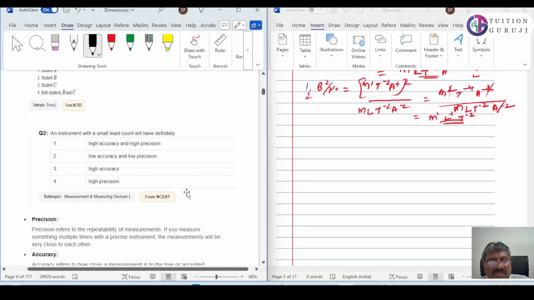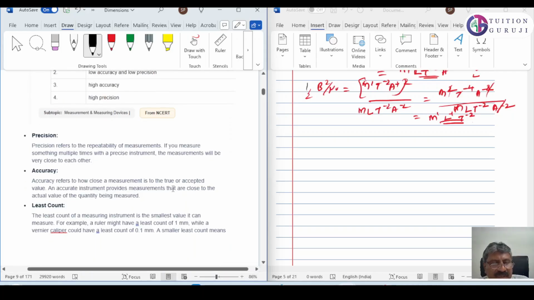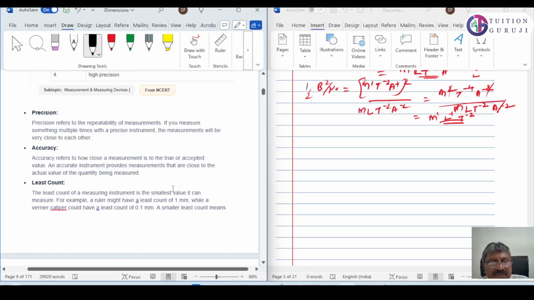An instrument with a small least count will definitely have high precision. As the least count becomes small, the precision increases. Let us see what precision, accuracy and least count are. Precision is the repeatability of measurements. If you measure something multiple times with a precise instrument, the measurements will be very close to each other.